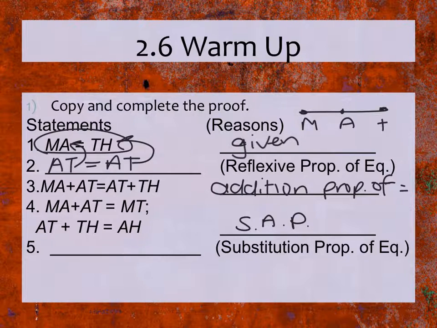And then step 5, took step 3 and step 4 and kind of combined them, right? In step 3 we said MA plus AT equals AT plus TH. And then we said down here that MA plus AT equals MT and AT plus TH equals AH. So what do we think our statement would be if we're using substitution?